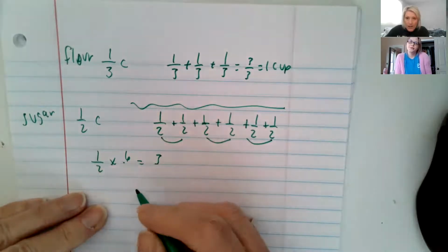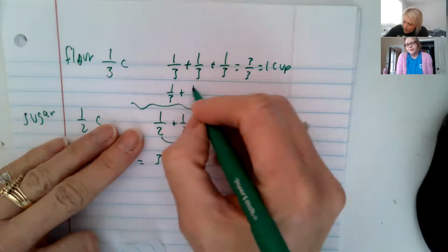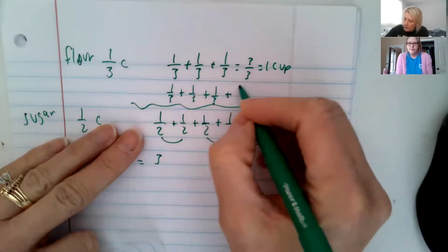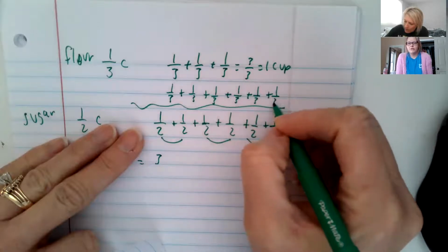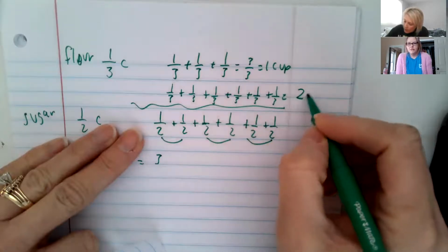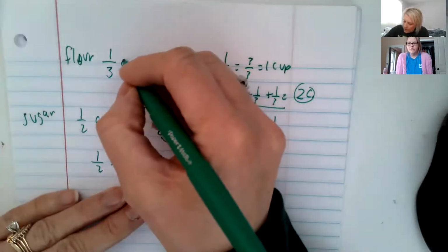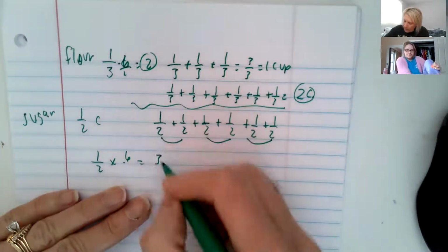And so if I 6 times this recipe, 1/3 plus 1/3 plus 1/3 is 1 cup, plus 1/3 plus 1/3 plus 1/3 is 2 cups. So if I do 1/3 times 6 here, I get 2 cups.